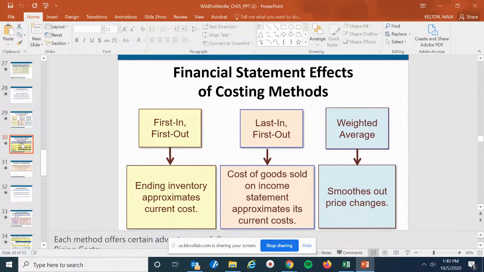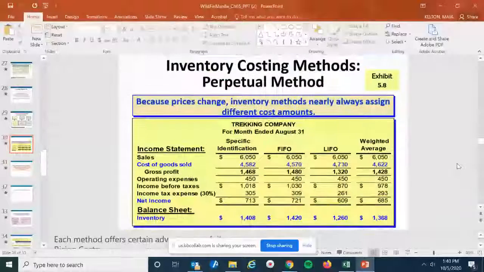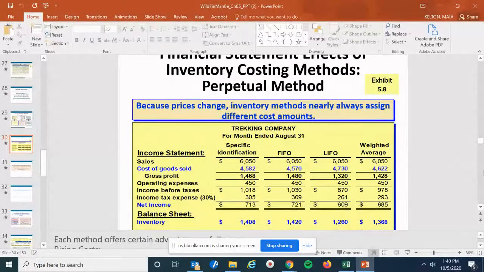Earlier, I told you guys that every method will give us a different answer. So in a period of rising prices, you can see it right here. Cost of goods sold under FIFO. Remember, we're ignoring specific identification. So FIFO will give us the lowest cost of goods sold, LIFO the highest, and then the weighted average is right in the middle. Well, look at the net income line right here.